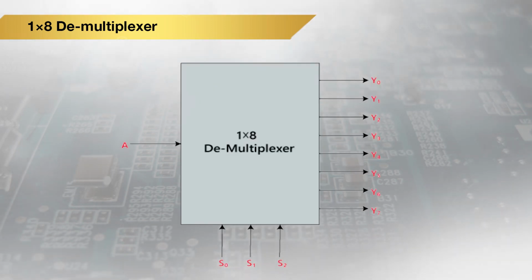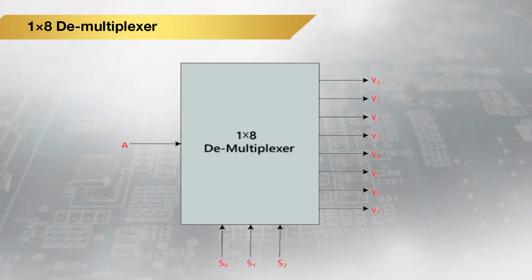So this is the block diagram for a 1x8 demultiplexer. Here in this diagram, we have 8 output lines from Y0 to Y7 respectively, and we have one input line A along with the 3 selection lines S0, S1 and S2.